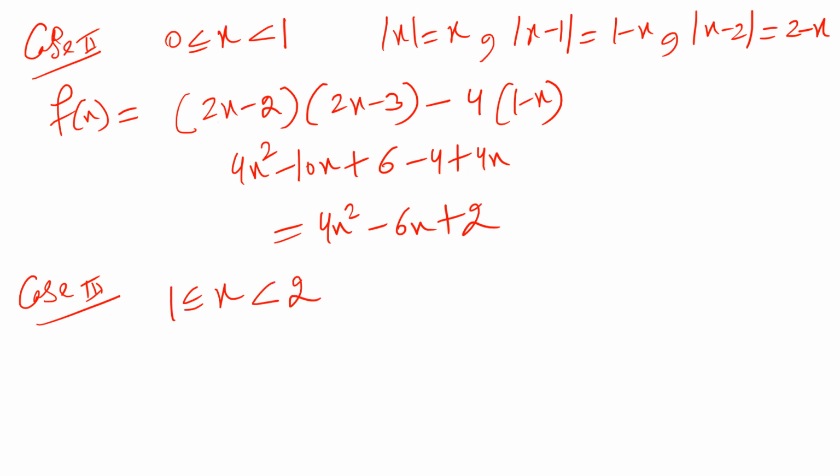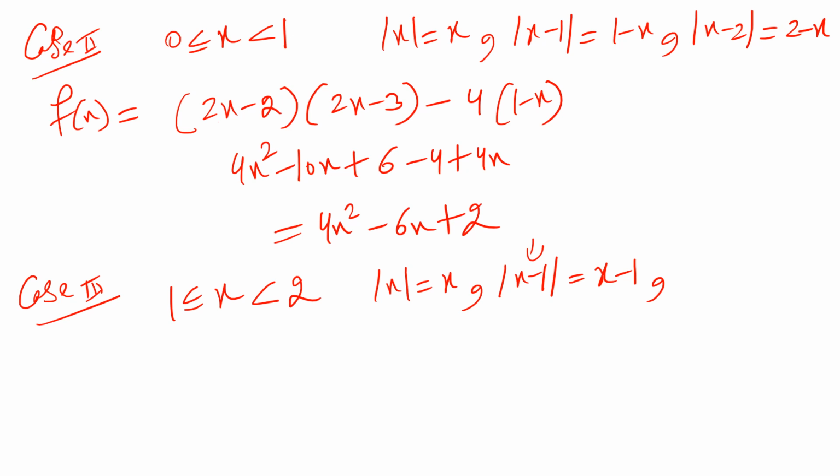Fine. Now obviously in this case mod x is going to be x because x is positive. Mod of x minus 1, since now x is greater than 1, is again positive. That means x minus 1. In this case you have to look for the input. The value of the modulus is always positive, but you have to always check the input.